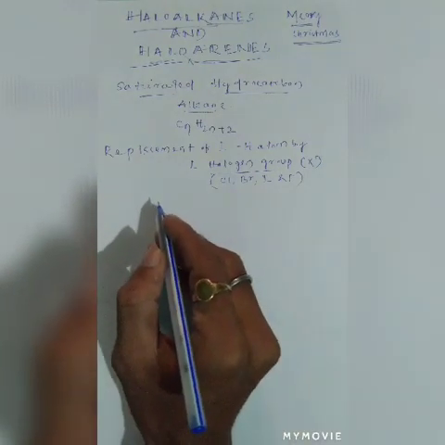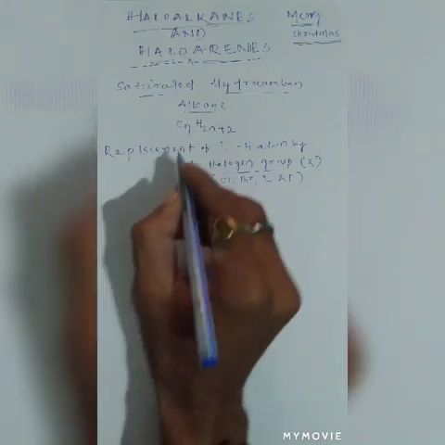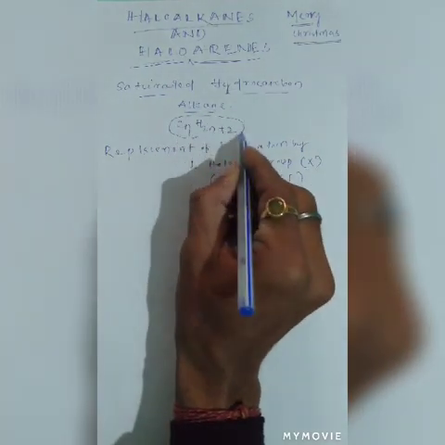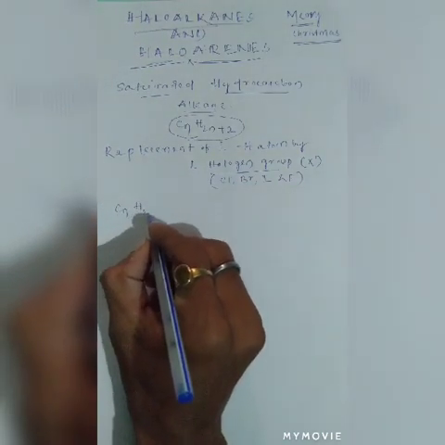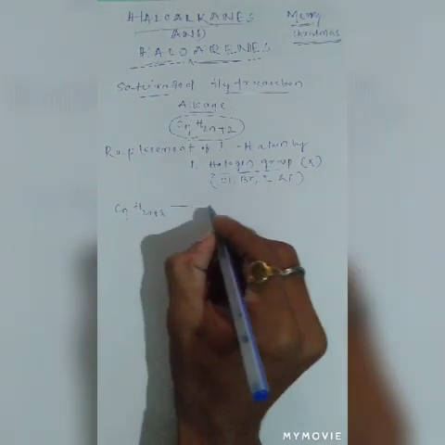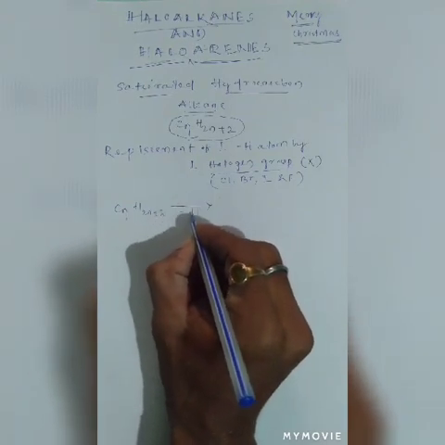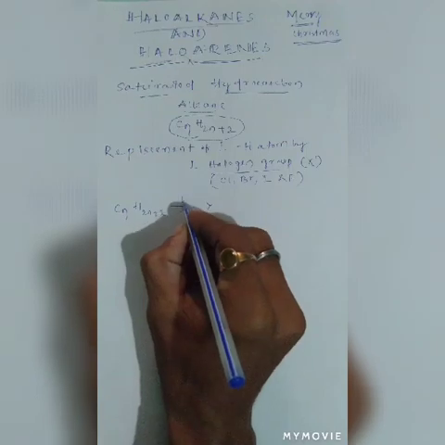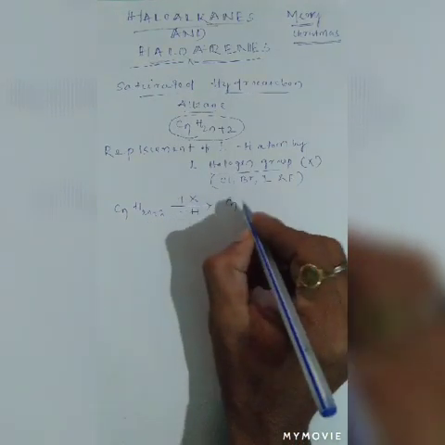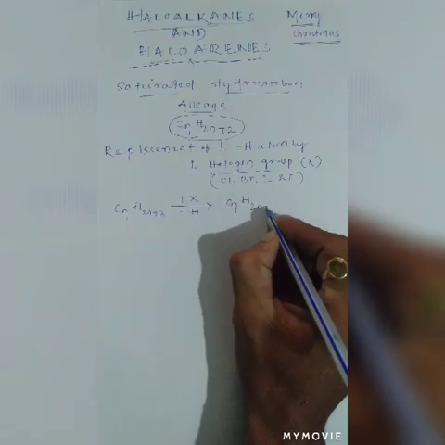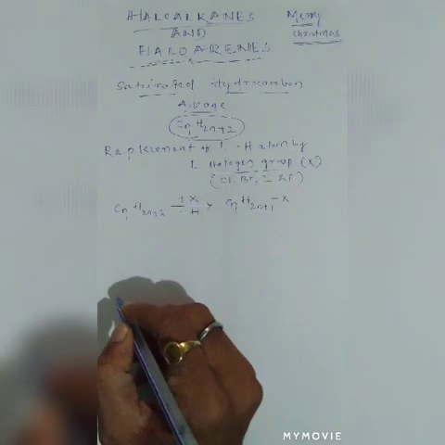Now we can see how haloalkane is formed from alkane. CnH2n+2, by the removal of one hydrogen atom, minus H, and the addition of one halogen group, that is X. Now the formula is CnH2n+1X, with one halogen group attached.